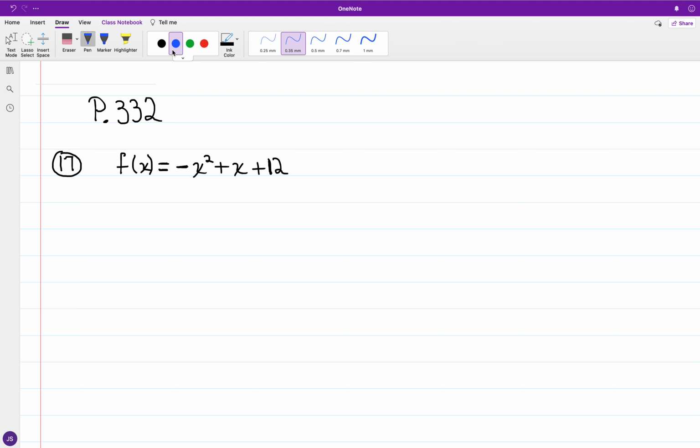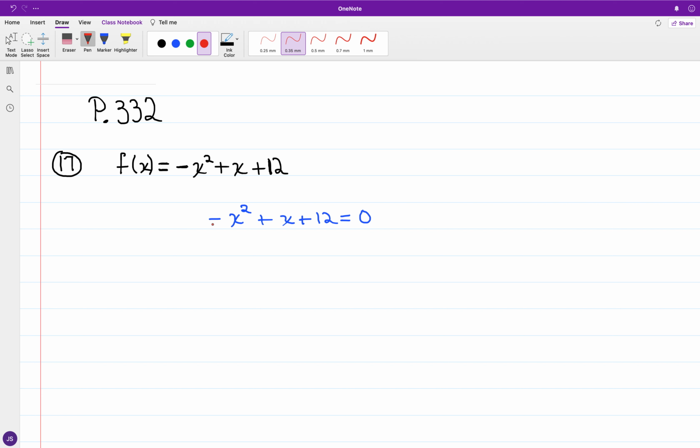And first of all, if we have negative x squared plus x plus 12 equal to 0, this is one equation whereupon the trinomial can be factored.